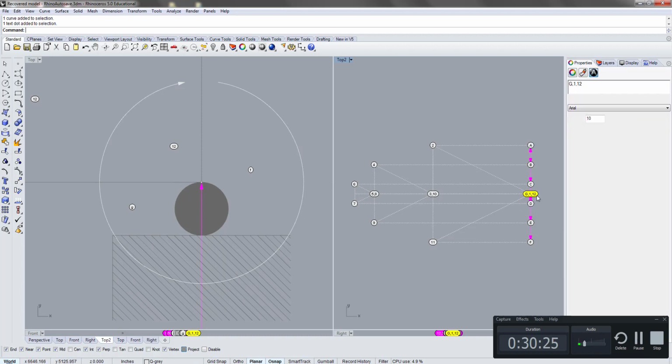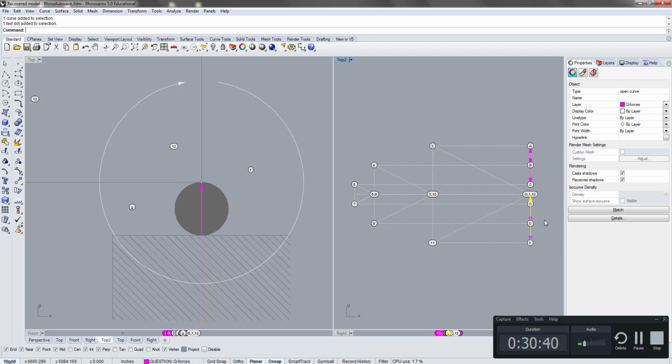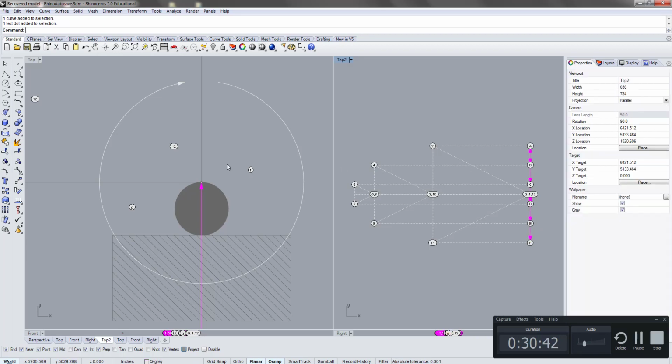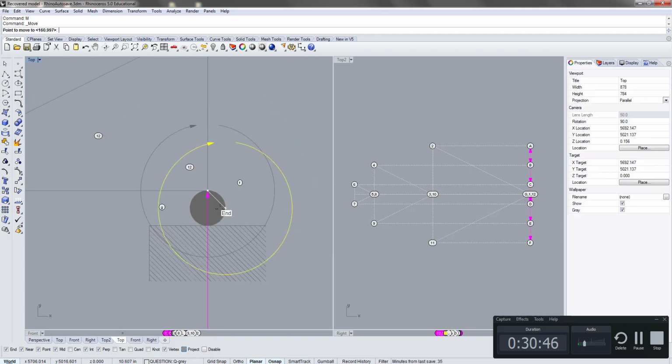G12 is actually 0 because G and 12 is identical, so the line that connects those 2 points would be length 0. 12F is right here, so it's the opposite. So now we can move on to the next point.